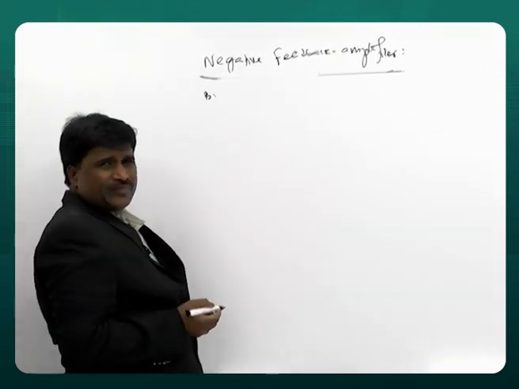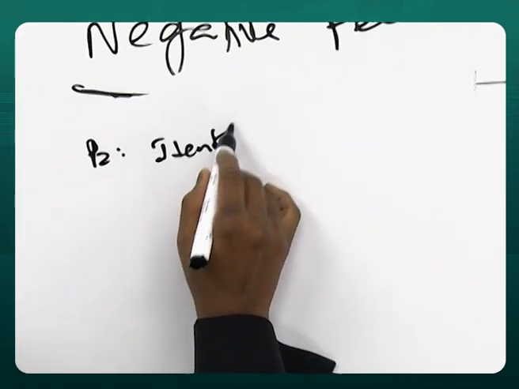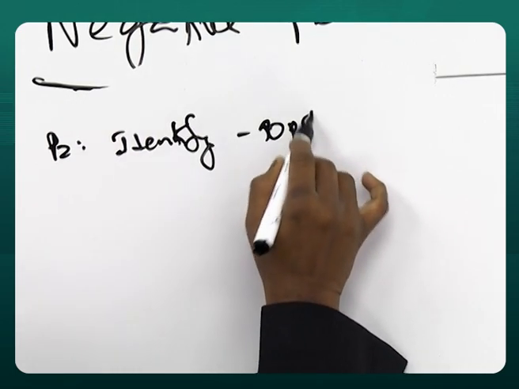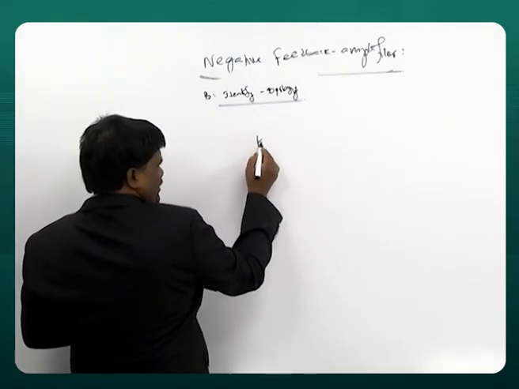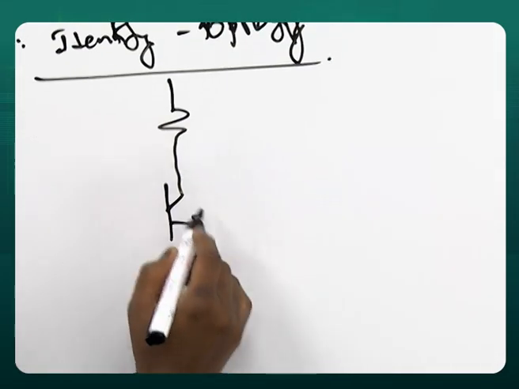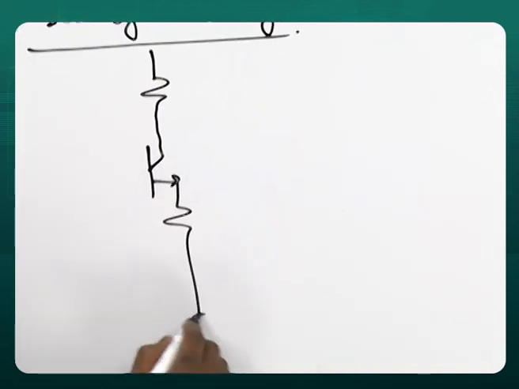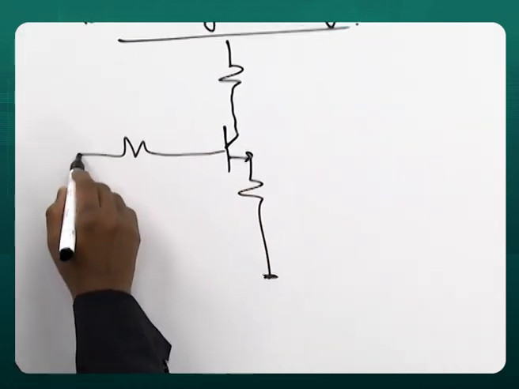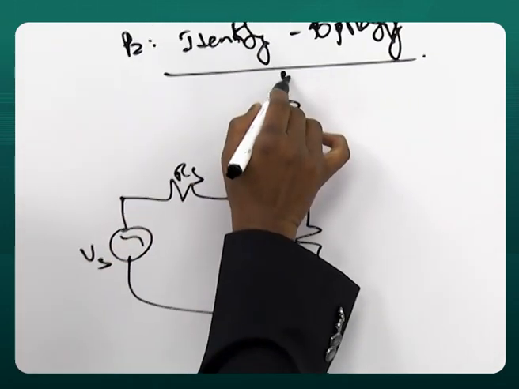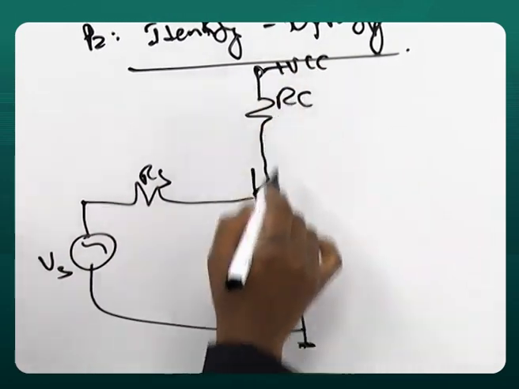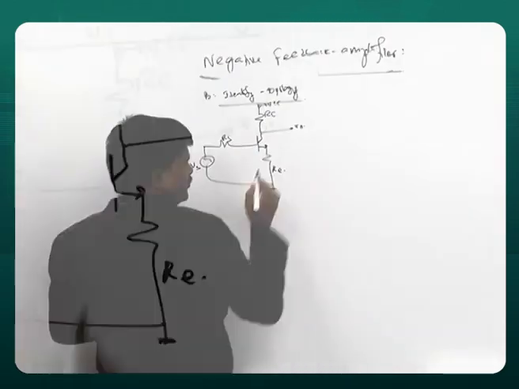Problem 2. Identify the topology. For example, RS, VS, RC, RE. If we take here, what is it?